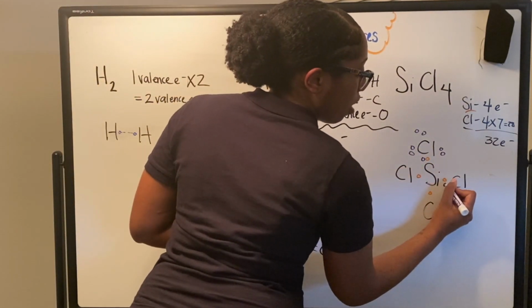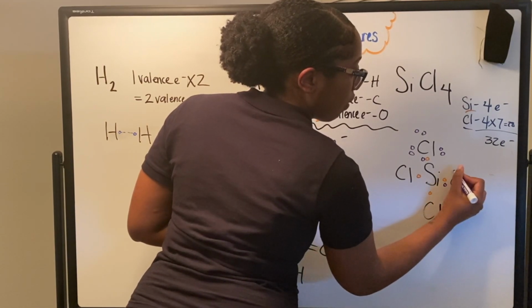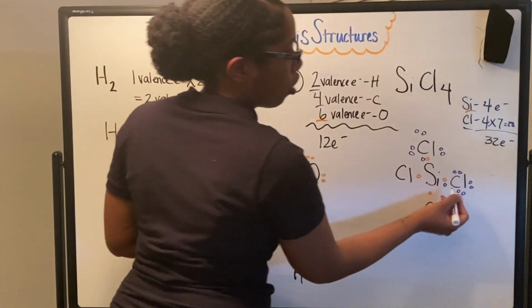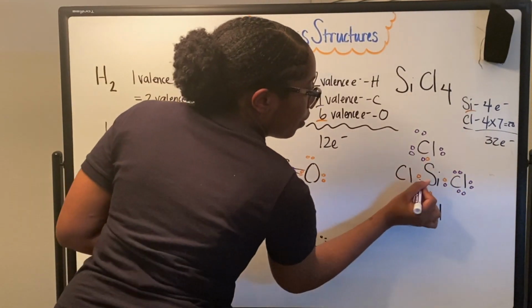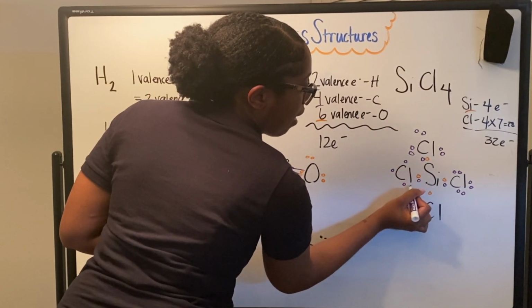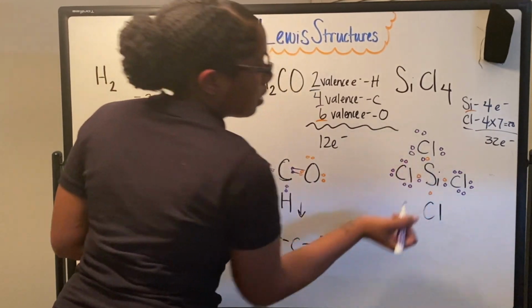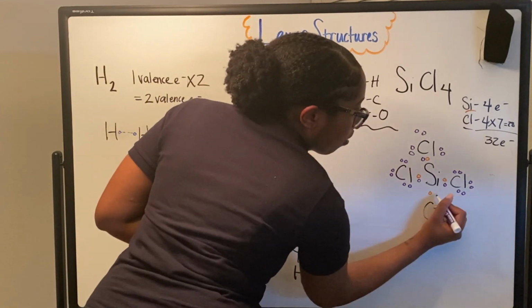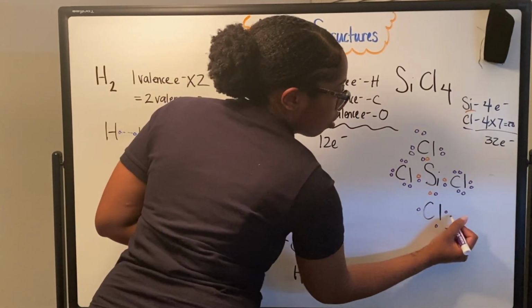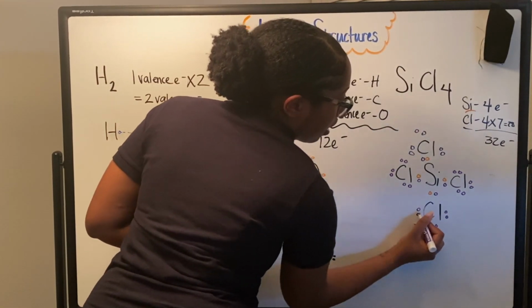Here, 1, 2, 3, 4, 5, 6, and 7, because there's already 2 on that side. Same thing here. 1, 2, 3, 4, skip that, 5, 6, and 7. Same thing here, skip that because that's already 2, 5, 6, and 7.